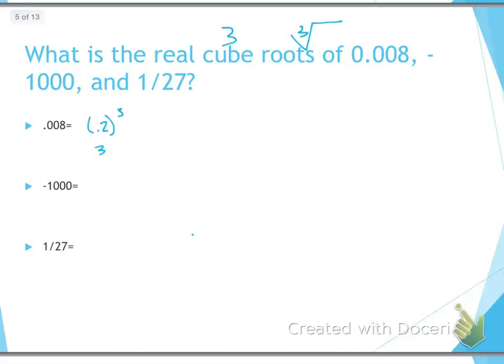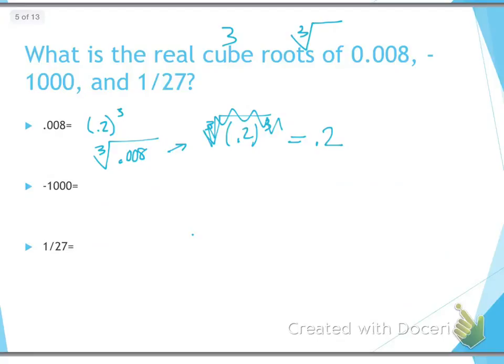So if I take the cube root of 0.008, we have to figure out what the cube is so that the cube root cancels with the cube, and that's how we get our answer to be 0.2. So the cube root of 0.008 is 0.2.